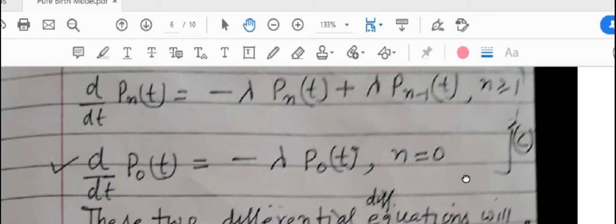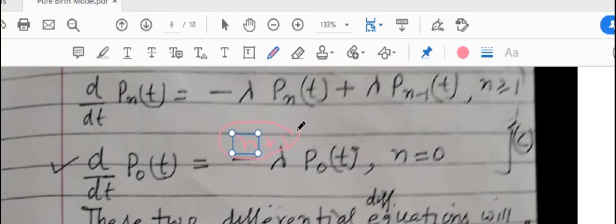How many differential equations do we have? For n equal to 0, this is 1, and this is n. So the total number of differential difference equations is n plus 1.